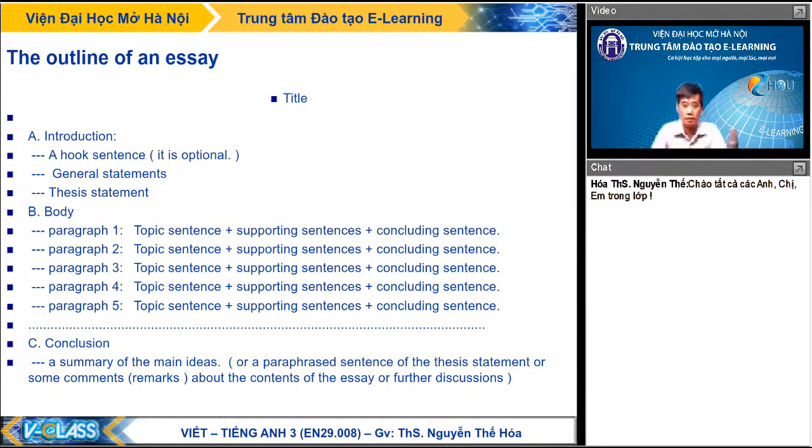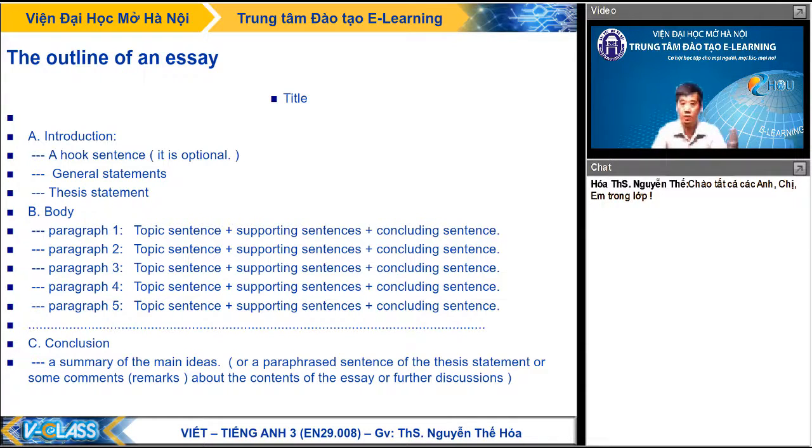The structures of a paragraph depend on the kind of paragraph you are going to write. But usually there are three parts in writing a paragraph. We have a topic sentence, supporting sentences, and concluding sentence. Usually we have three parts of a paragraph.